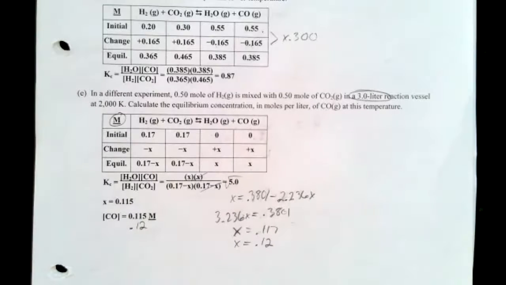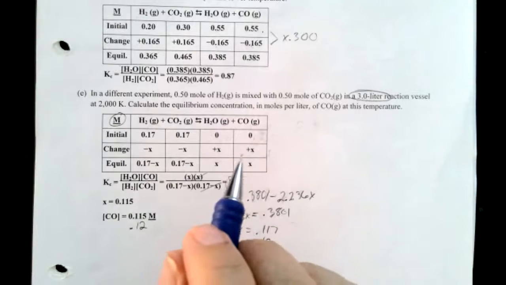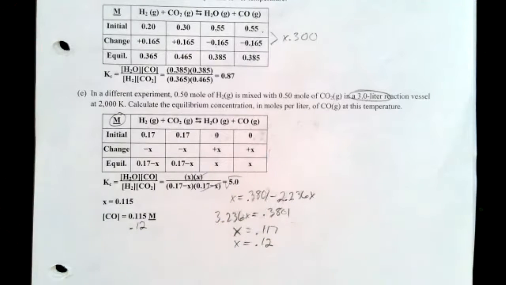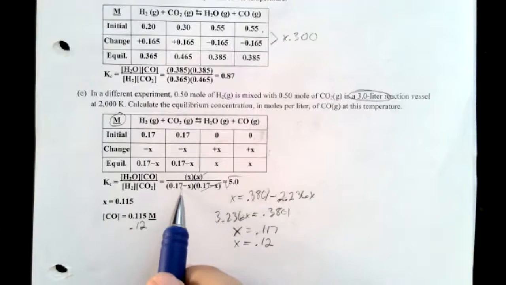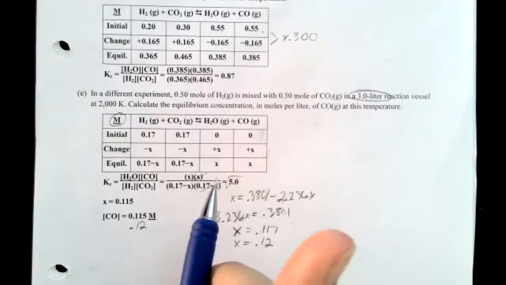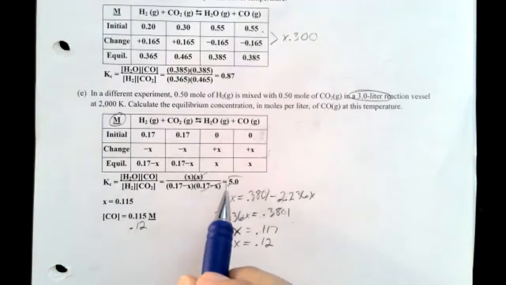And again, we have the loophole where we don't just cross out minus X, we can square root both sides, which means we square root the numerator and the denominator, and because we have perfect squares, top and bottom, we can just cross this out. Square root of X squared is X. Square root of this squared is that. And do it to both sides, equals square root of 5.